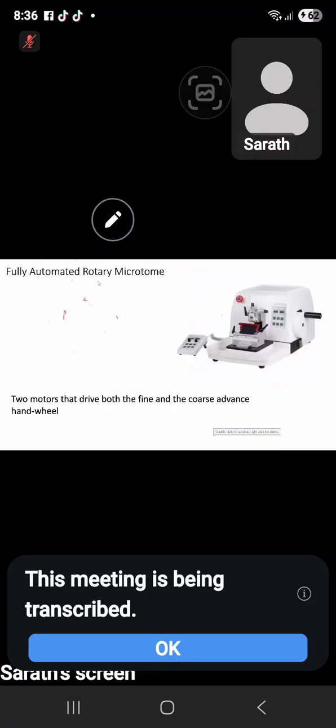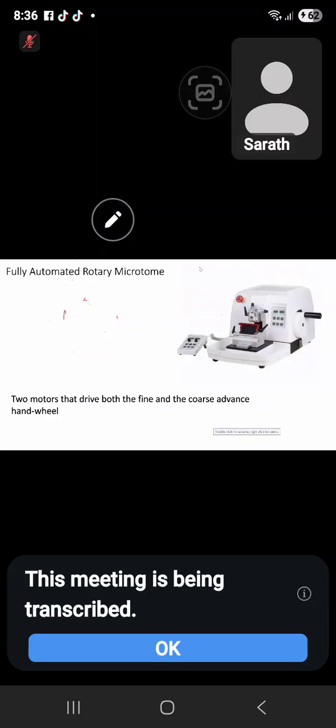Fully automated rotary microtomes, in some laboratories, have 2 motors that drive both the fine and the coarse advance handwheels. You can use the fine advancement, and the coarse advancement can be done with the 2 motors. This is the fully automated one, but I never recommend it. That is up to you, your choice.